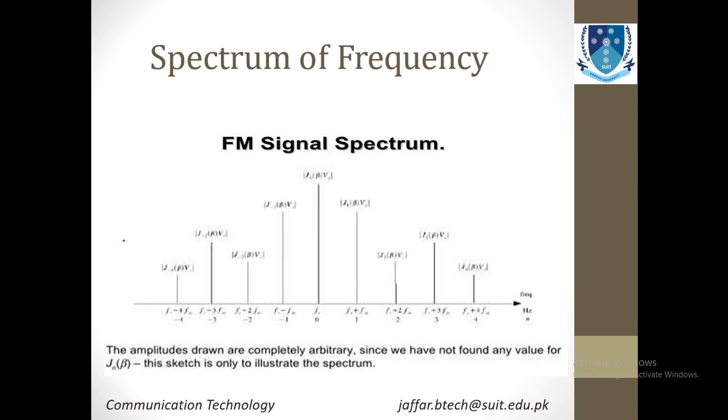One was the upper sideband and the second one was the lower sideband. Here in frequency modulation, there is a quite big change. The first very big change is in the sidebands. In amplitude modulation, there were only two sidebands, but in frequency modulation, there may be multiple sidebands.